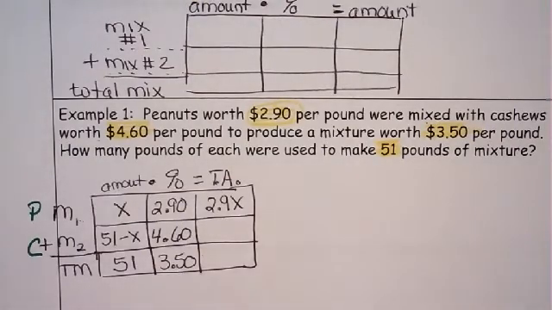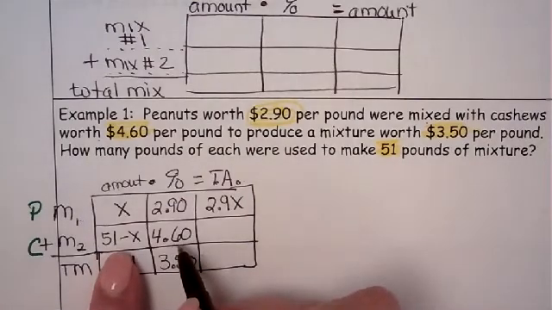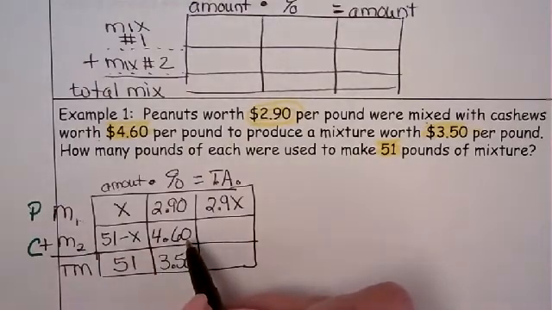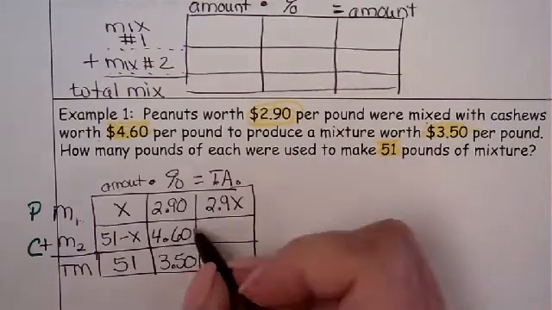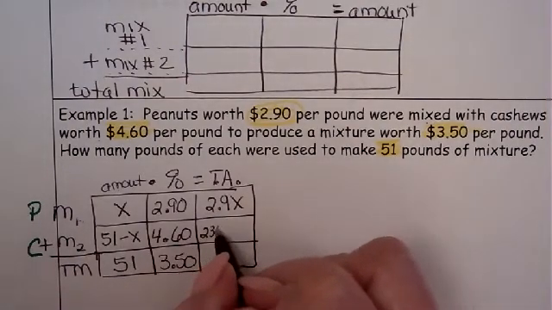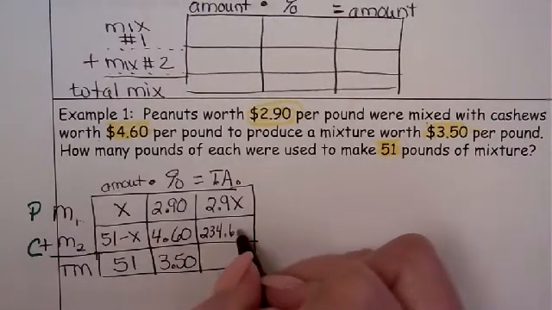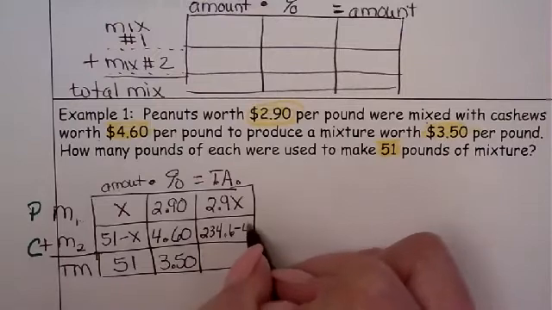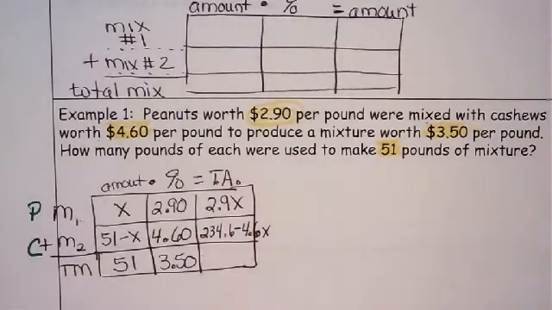Now let's grab our calculator and multiply right here. Remember, this is similar to the distributive property. So if I multiply 51 times 4.6, I'm going to have 234.6 minus 0.6x.